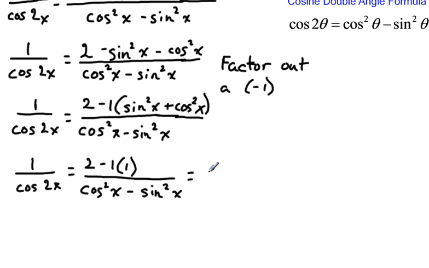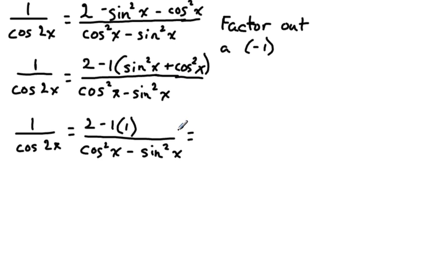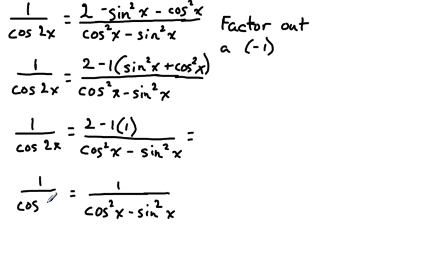Now, let's continue the top. 2 minus 1 is just 1. And on the right, we have cosine squared x minus sine squared x. On the left, we have 1 over the cosine of 2x.